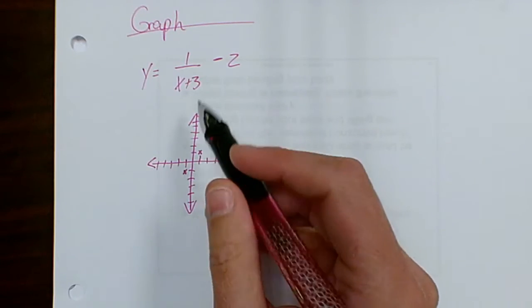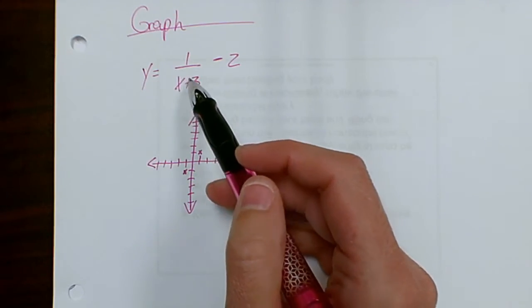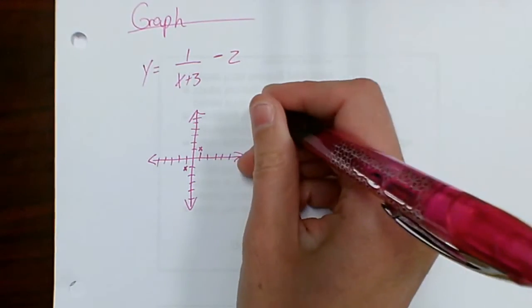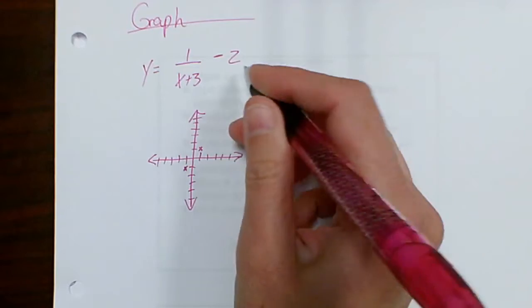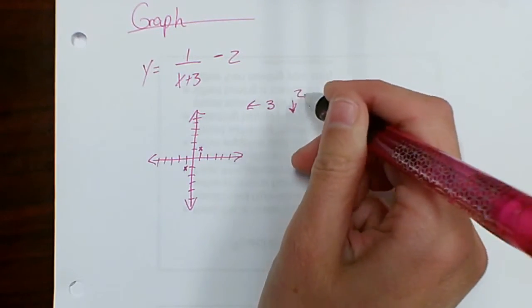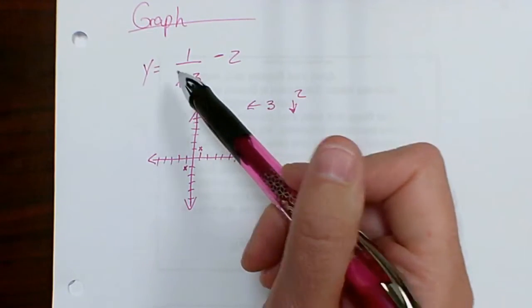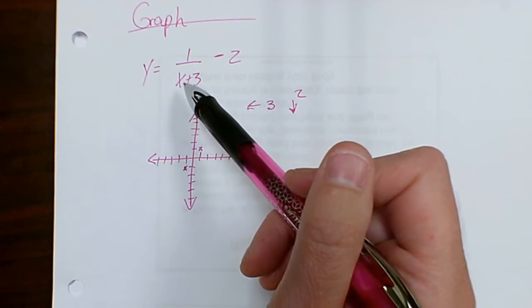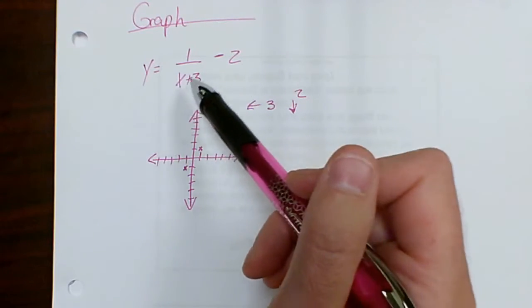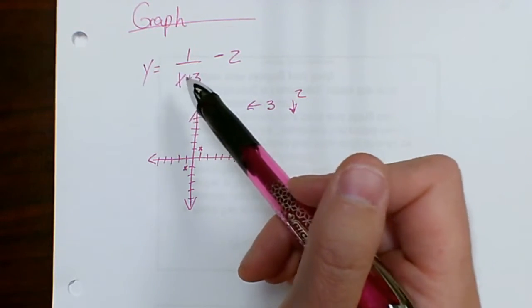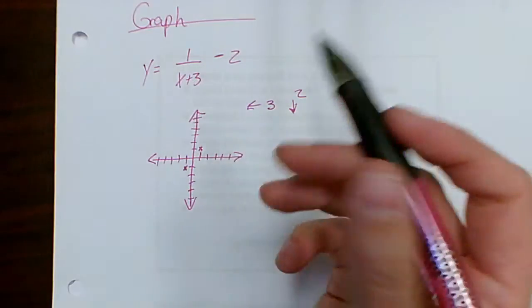Okay, we're going to take each of these points. This is an inside, so we are going to move left 3, and this one we're going to go down 2. The reason why we move left 3 is that x will equal -3 to create a 0.